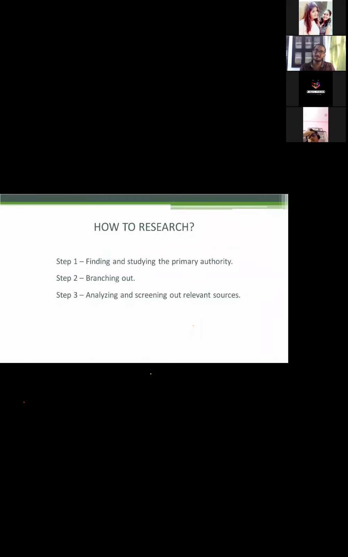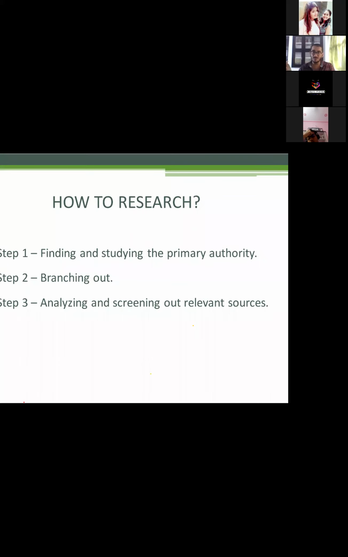And for that purpose, this branching out is very important. You need to have a basic understanding of what all is happening around. You need to know how you will explain to the judge why that case law or why that proposition may not be relevant here.